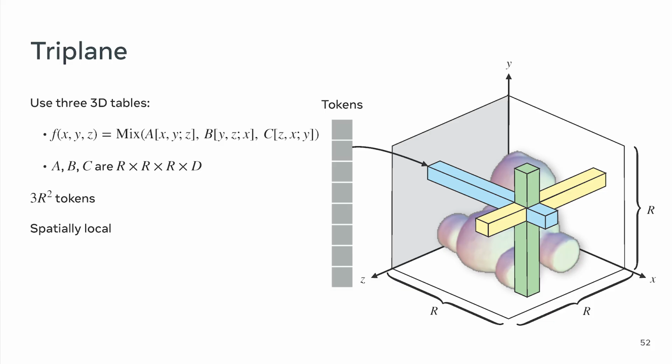This is much better, but the problem with this is that each point in space now depends on the projection of functions on 3 different planes. What it means is that each one of these values here really encodes the entire column of voxel values along this line, right? And that makes it a little bit confusing because this token now represents a whole lot of stuff, it's not localized information. So this is not really great.